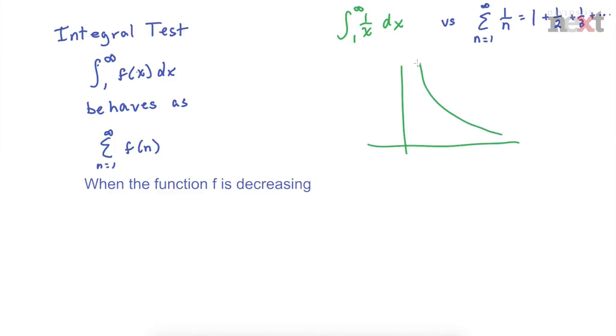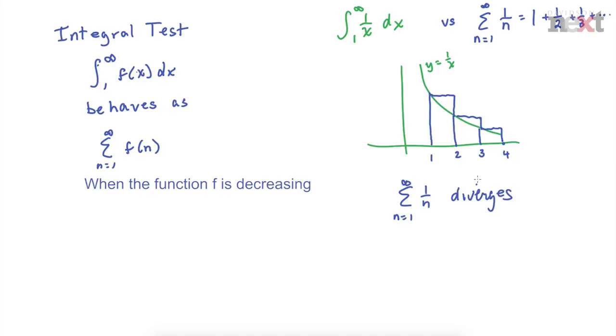If we look at our function 1 over x, and we look at the left rectangles, starting at 1, of unit width, we see that the heights of those rectangles are in fact the terms of our series. And since our integral diverged, and these rectangles give us an area bigger than that of our integral, we know that our harmonic series diverges.